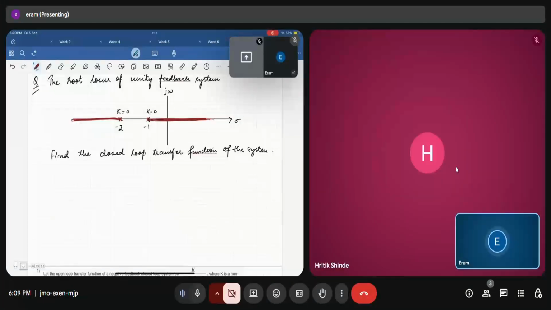So my screen is visible now. I hope it is visible.